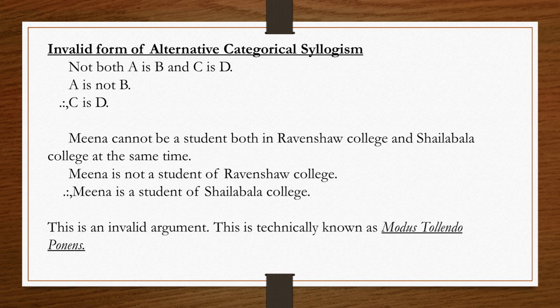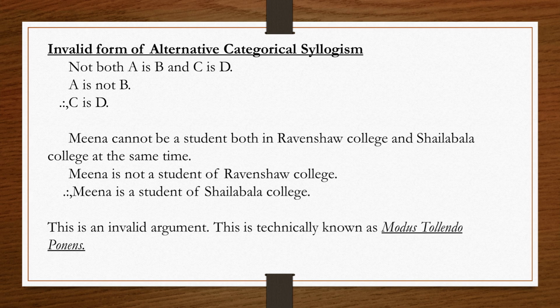No, it does not follow, because there are many colleges. She may be a student of Salabala College, she may be a student of JKBK College, she may be a student of Imarti Devi College, she may be a student of Katak College. There are many colleges. So, we cannot come to the conclusion that Minna is a student of Salabala College.